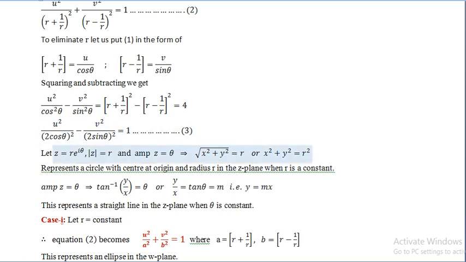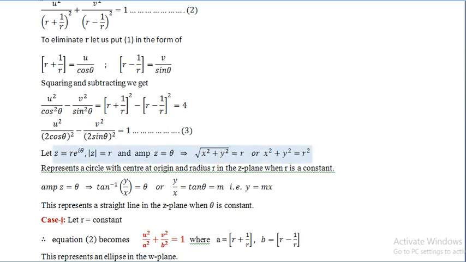So let z equal r e to the power i theta, that is the equation of the circle, and mod z is equal to r, and amplitude of z is equal to theta, which implies the square root of x square plus y square.